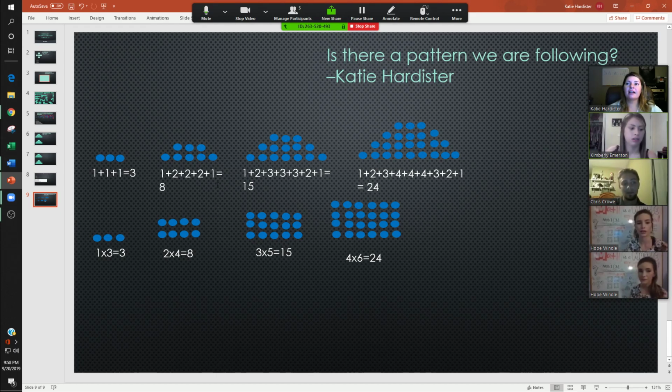When Hope shared with us rearranging them, it's definitely an easier way instead of saying 1 plus 2 plus 3 plus 4 plus 4 plus 4 plus 4 plus 3 plus 2 plus 1 equals 24. Once we rearrange the dots, we can just say 4 times 6. 4 times 6 equals 24.